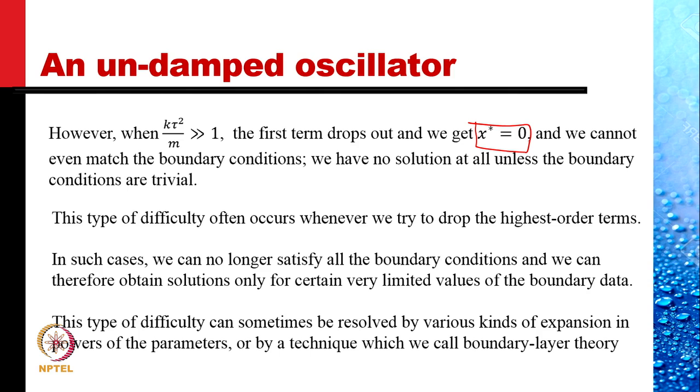In such cases, we can no longer satisfy all the boundary conditions, and we can therefore obtain solutions only for a very limited range of boundary data. This type of difficulty can sometimes be resolved by various kinds of expansion in powers of the parameter or by a technique which we call boundary layer theory.